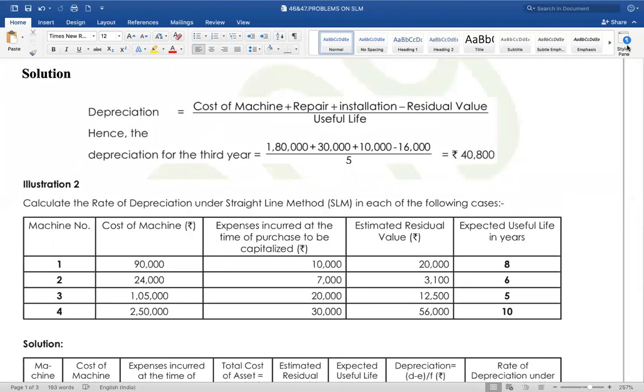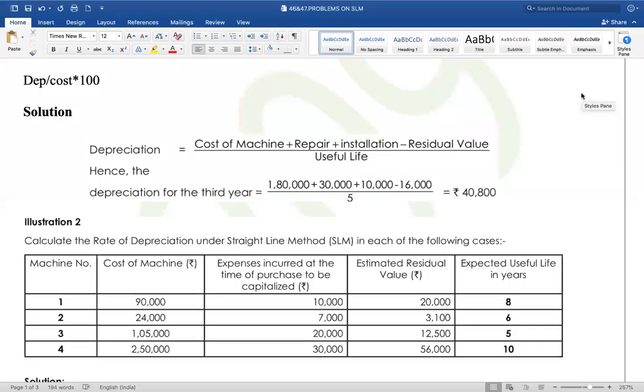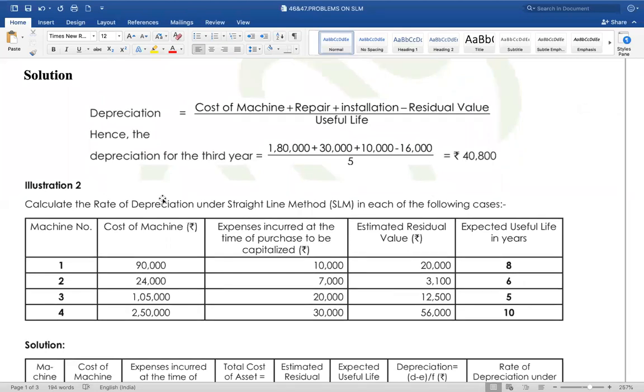Can you please quickly do it and tell me? So when we look at this table, this is what we're doing, right?